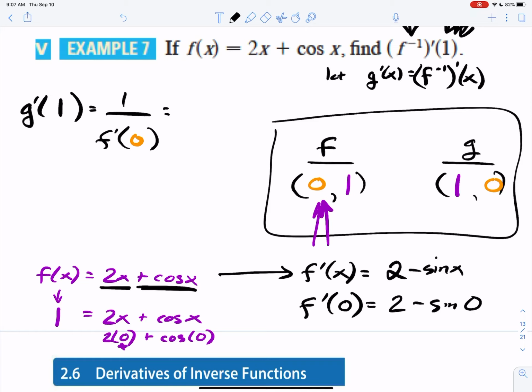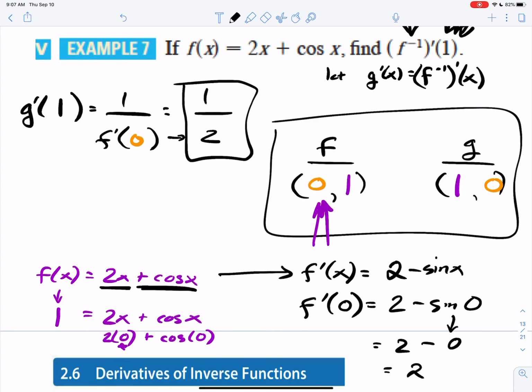The sine of 0, pretty much where sine starts. Sine starts at 0. Okay, and if you need a refresher on trig functions, text me. I'll be happy to, okay? 2 minus 0 is just 2. So f prime of 0 is 2. So I know that g prime of 1 is going to be 1/2. All right?